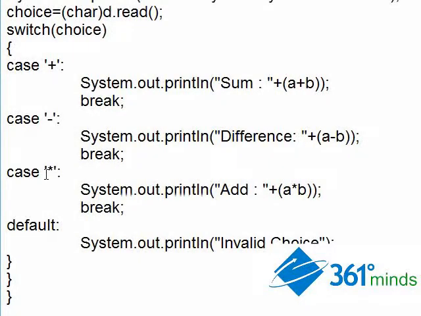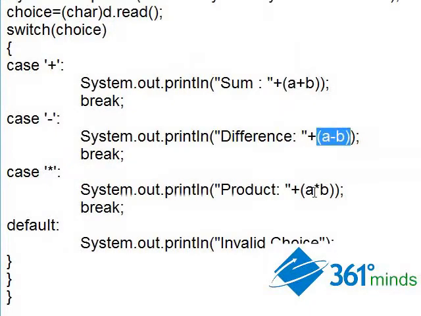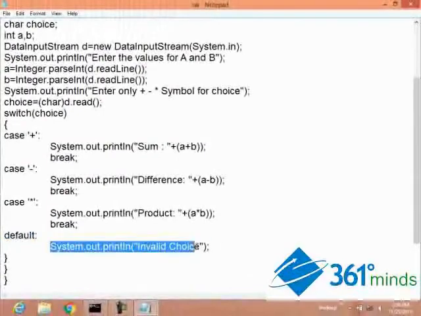And the third case, which is the multiplication symbol, I'll simply write here as the product of two numbers, and you can see I've actually placed the results in these braces. If the user gives any other values other than these three values of plus, minus and star, then it will go to the default case, which will simply print invalid choice.